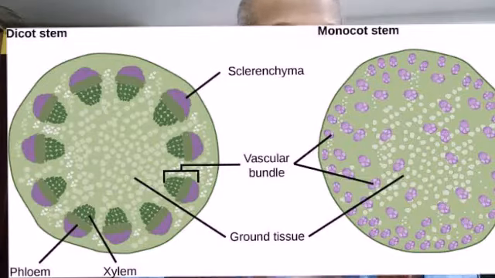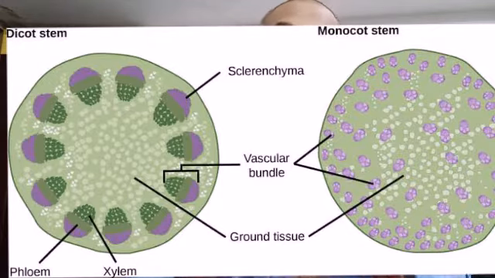But again the question arises, how does the root hair absorb water from the soil? By increasing the surface area. Because of the root hairs the surface area increases and they absorb water and minerals easily.